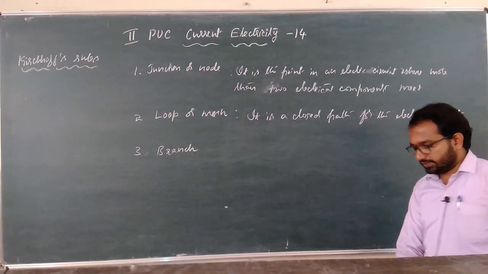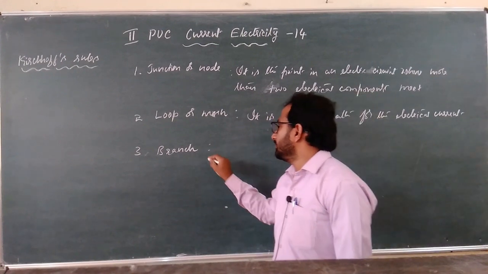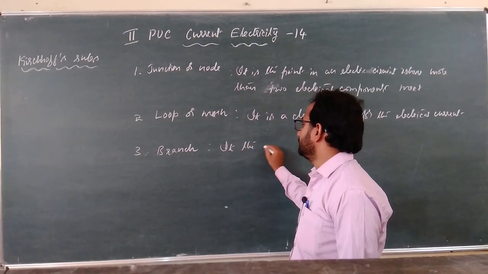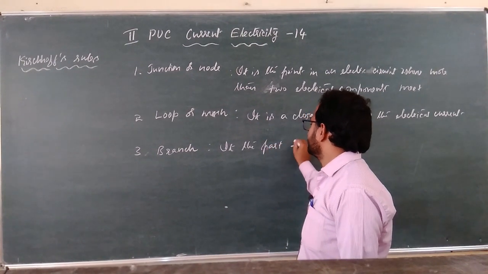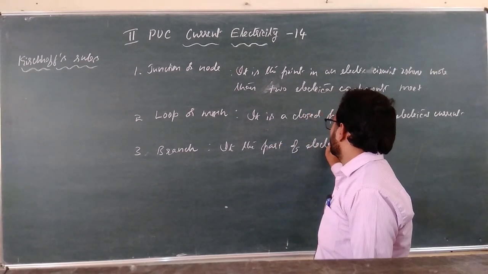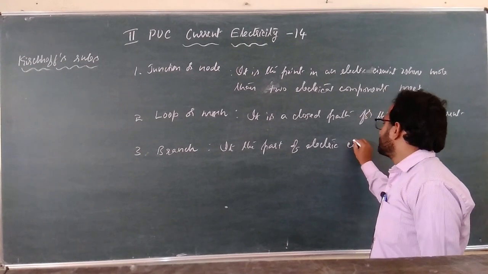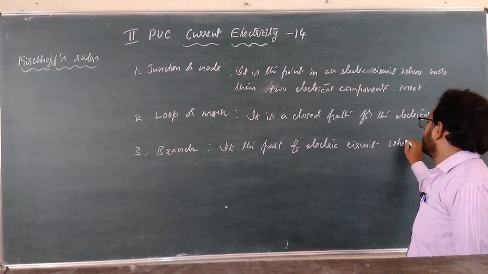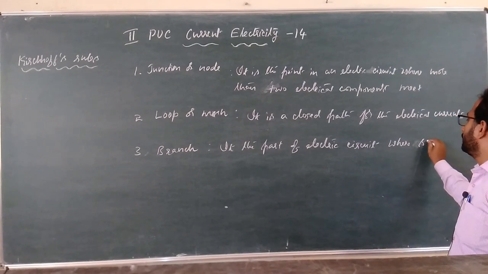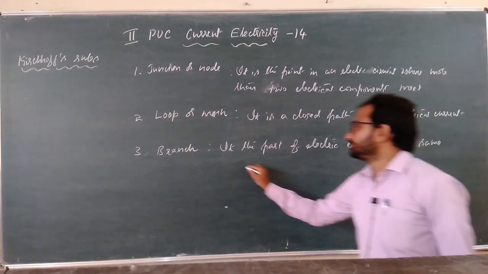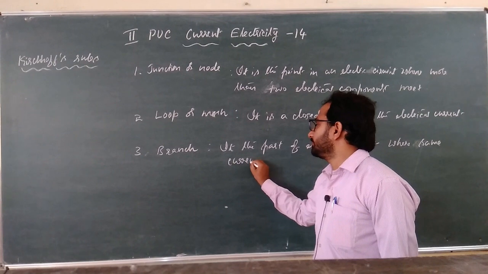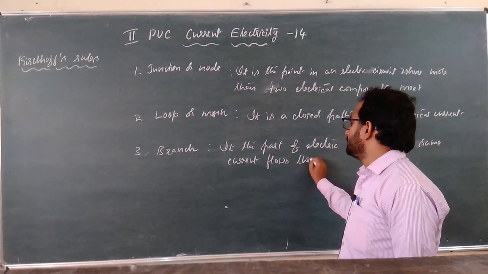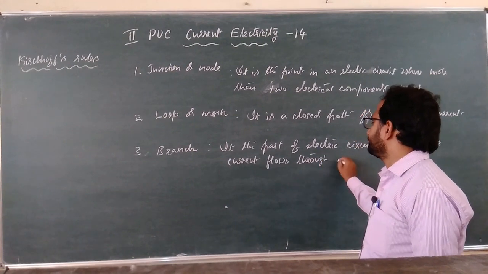So third one is branch. It is a part of the electric circuit where same current flows through each component.